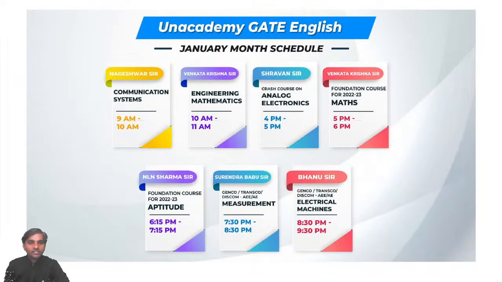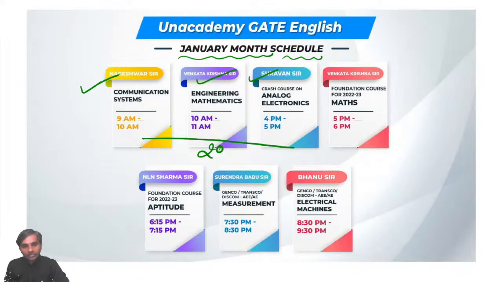This is the January month schedule. As examinations are coming closer, communications, engineering mathematics, and analog electronics courses are targeting 2021. These are taught by Nageshwara sir, the senior-most faculty, Venkatakrishna sir, also very senior faculty, and Shravan sir, also senior faculty. Venkatakrishna sir is also taking a foundation course for 2022 and 2023 mathematics.